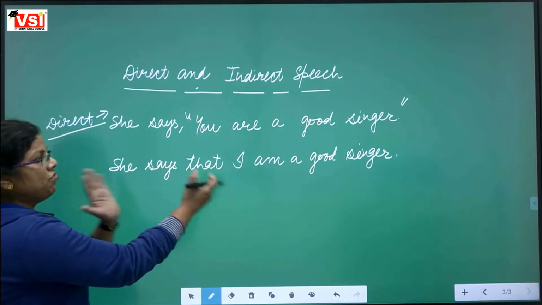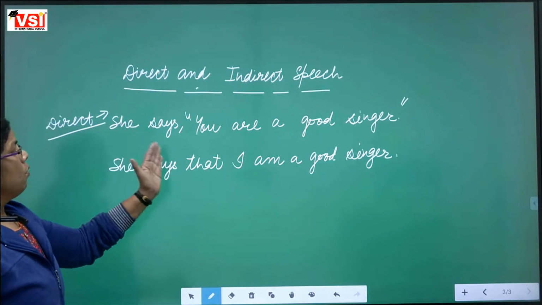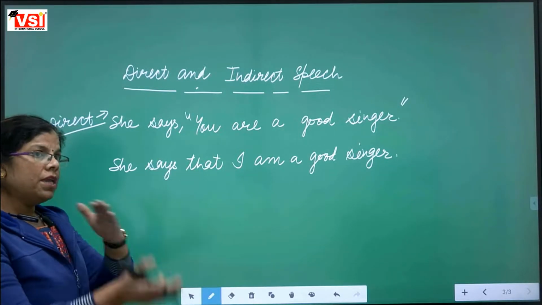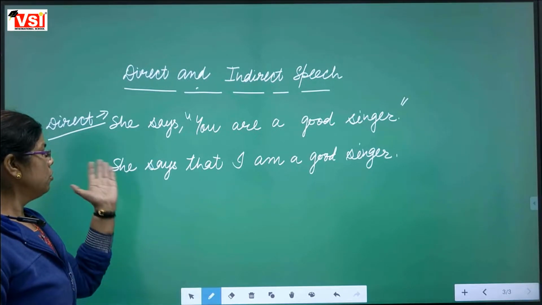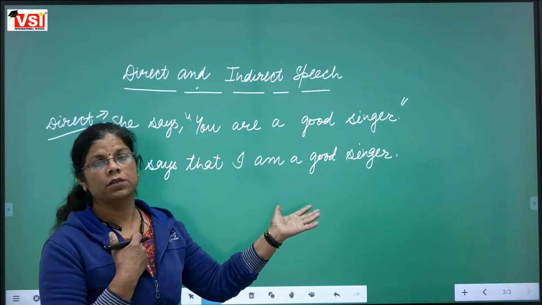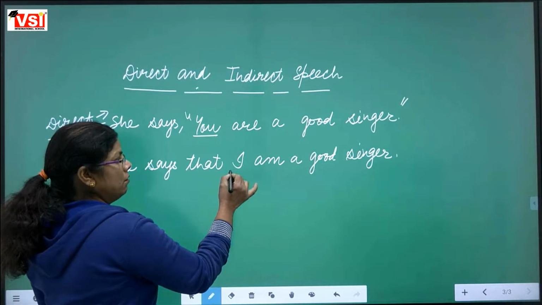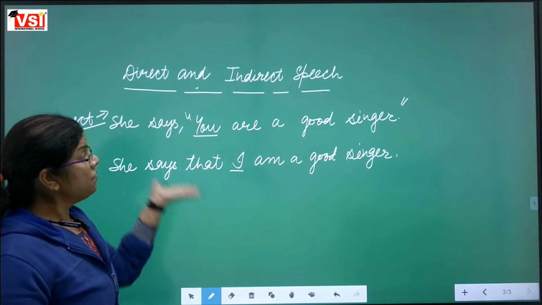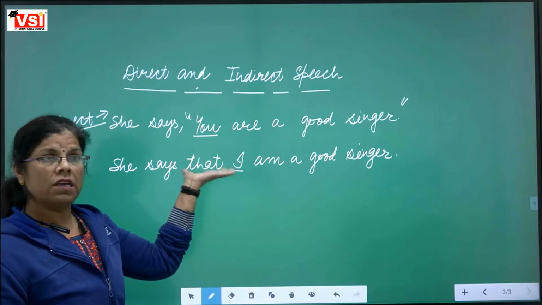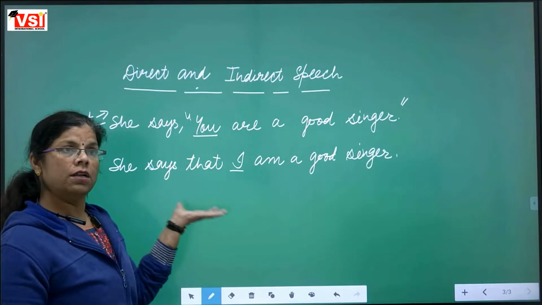Now the words are changed according to the speaker who is telling us now. मैंने आपको बोला, उसने आपको बोला कि आप एक अच्छे सिंगर हो. अब आप ये बात जब किसी और को बता रहे हो, तो आप ये बताओगे कि वो ऐसा कहती है कि मैं एक अच्छा सिंगर हूँ. Means this you will be changed with I. Now we should concentrate on how these things are changed in a sentence, in indirect speech.